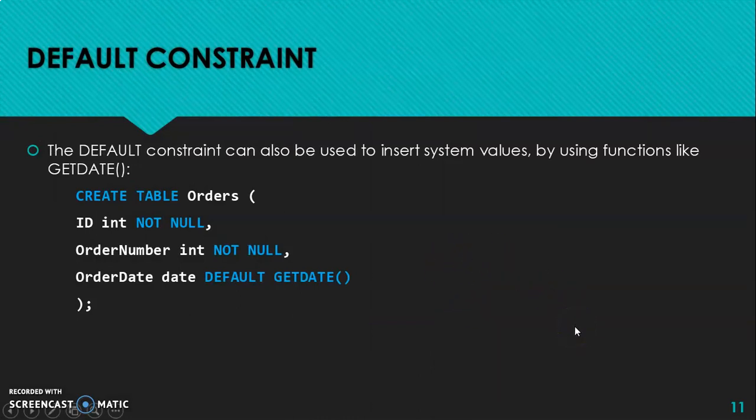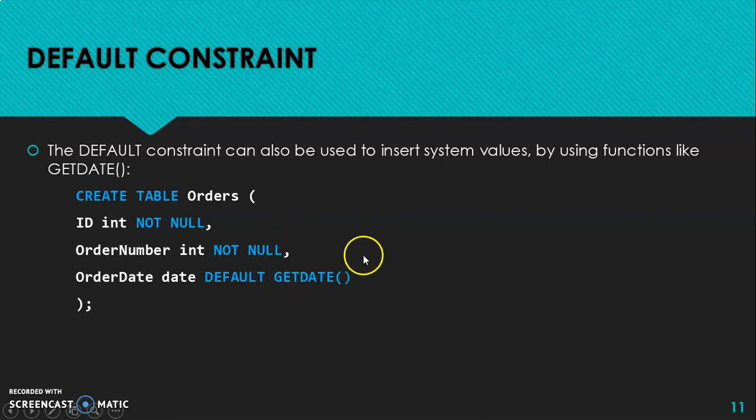Again, we can use some system functions for entering data, like we are using a function as getdate, because maybe we need to keep track of which date we got the orders. So we are using here the order table. Create table order, id of type integer, that is not null, order number of type integer, that is not null, and the order date is of type date, and default will be getdate.